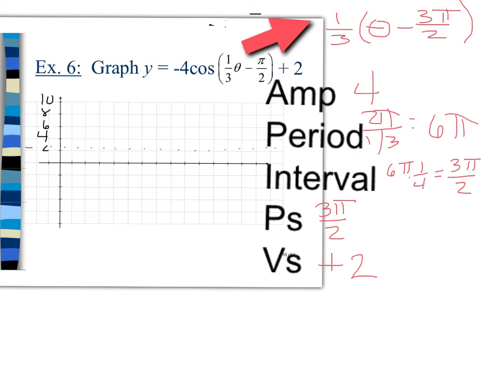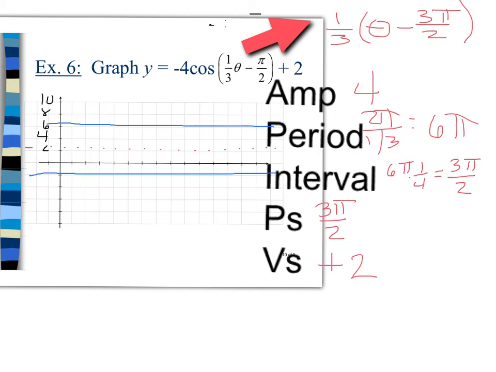And your new lines, I'll do them in blue, you're going to be 4 either way, so that's going to be at the 6. And then if you take 4 off of that, it's going to be -2. Okay? It's cosine, so it's going to start down because of the negative.